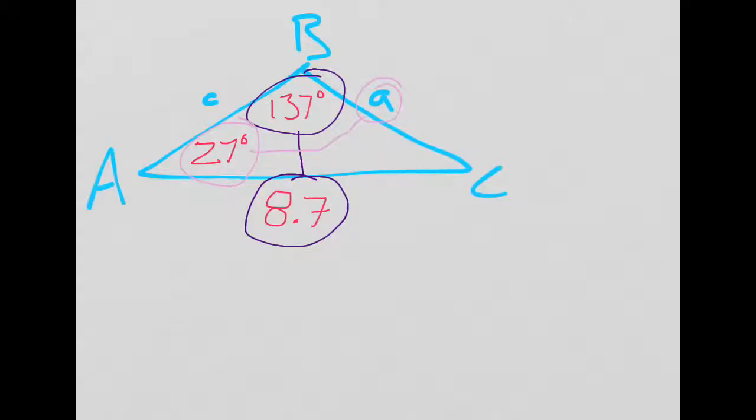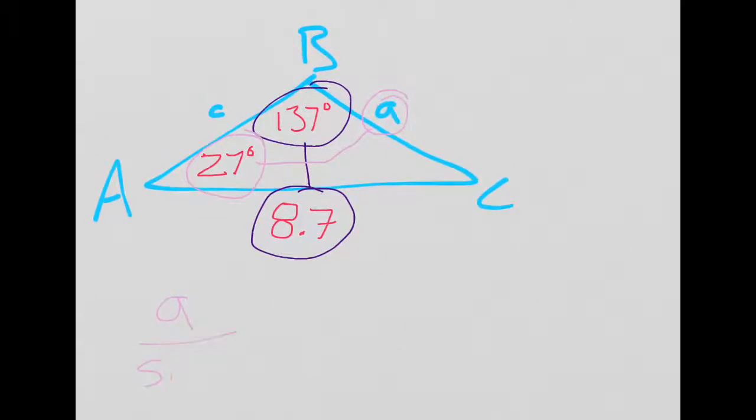Since I'm trying to find side A, I'm going to set this fraction up with A in the numerator. So A over the sine of 27 equals, since I put the side in the numerator, I need my other side in the numerator, 8.7 over the sine of 137. And what do I want?